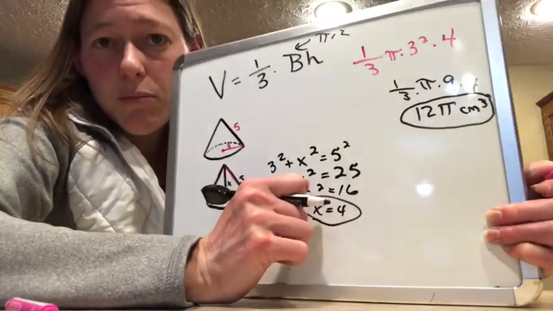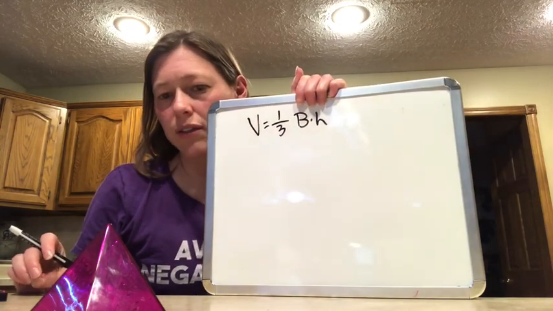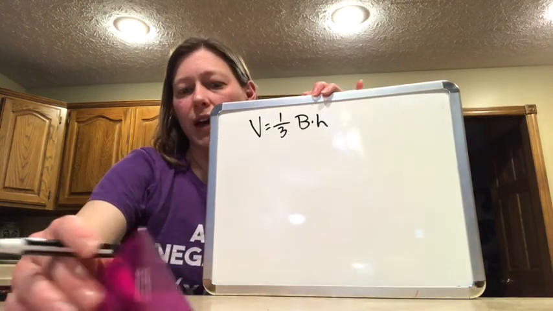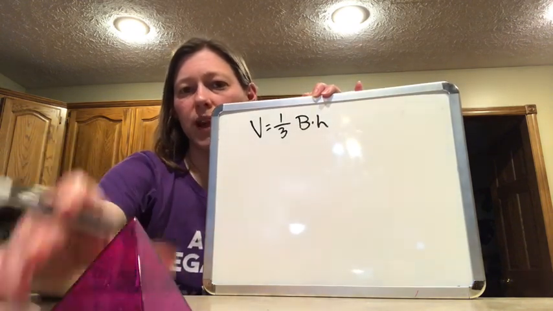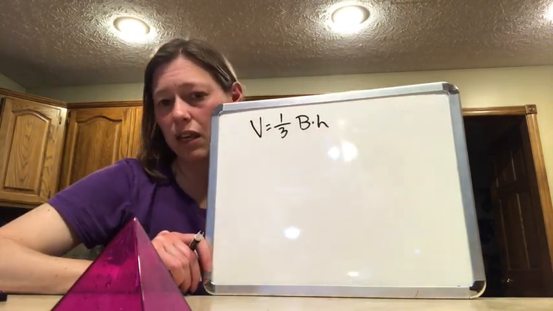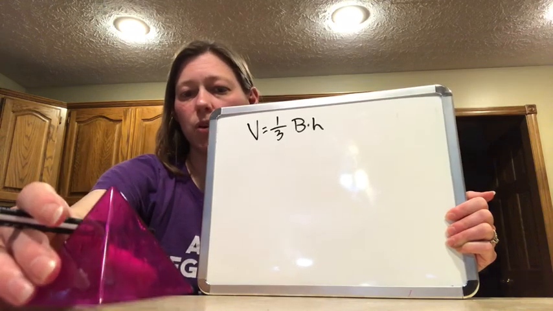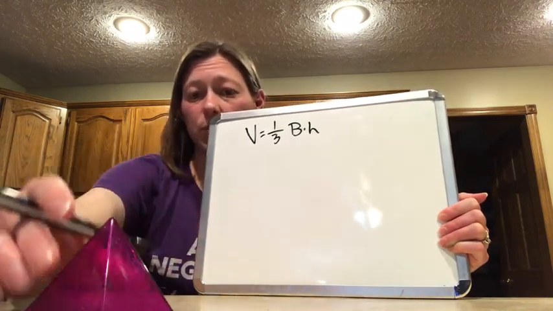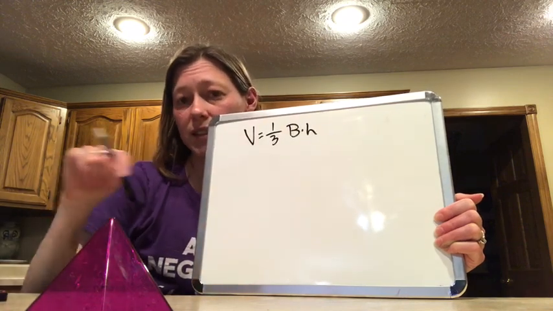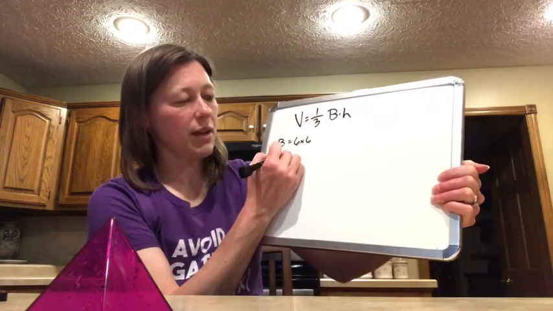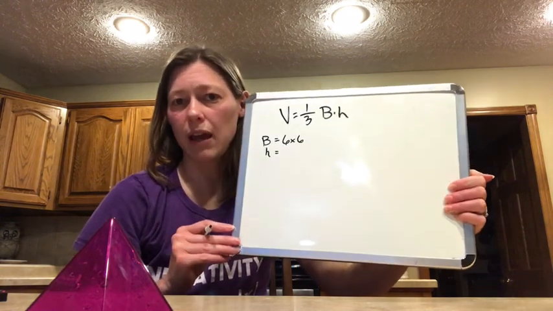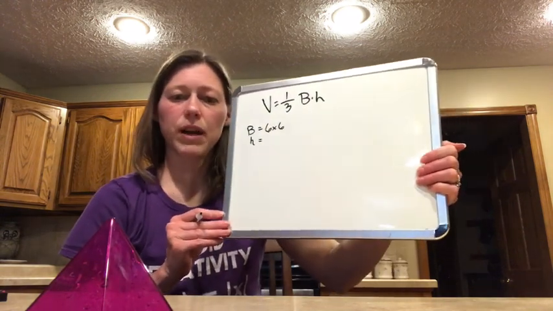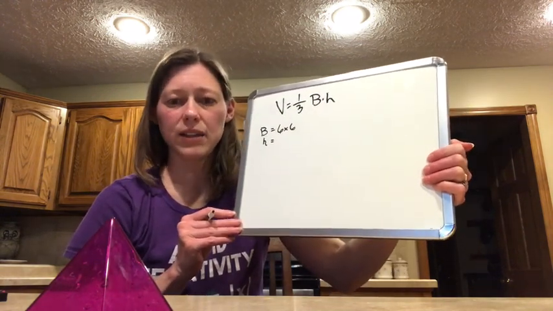That is my volume. All right, so we've got a pyramid now. Okay, this is the last one, and then that's it. This one is a square pyramid. So these dimensions are the same, and I'm gonna say that it's a 6 by 6. And then I'm gonna give you the height this time. I'll be super nice. And I'm gonna say that the height is 8.